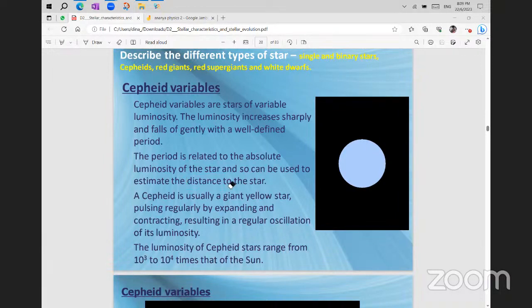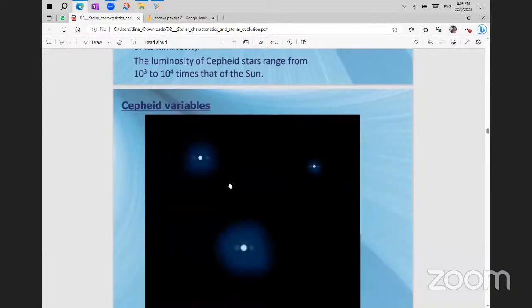If this doesn't happen, then I'll show you in the Cepheid variable question. The Cepheid variable question will definitely ask you for the distance of the star, with a special method only a Cepheid variable can do. What is that special method? I don't see this slide, so I'll follow the slide for now.